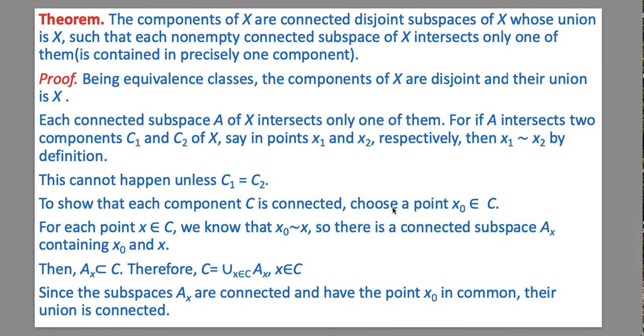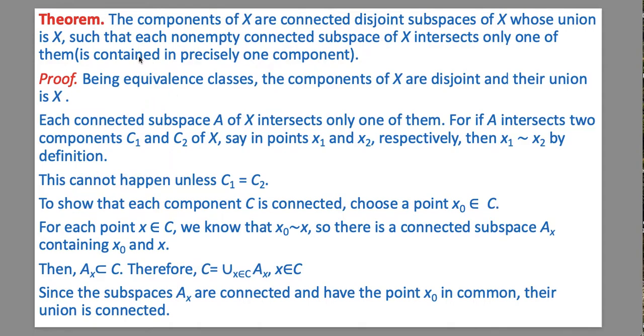Now we will prove one theorem, which states that the components of X are connected disjoint subspaces of X whose union is X, such that each non-empty connected subspace of X intersects only one of them, or we say that it is contained in precisely one component.